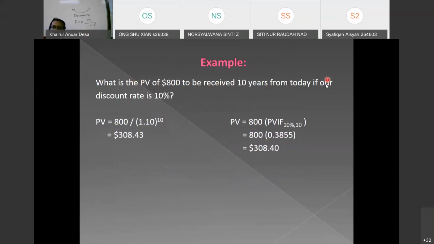Okay, kita tengok satu soalan di sini. What is the present value of 800 to be received 10 years from now, from today, if our discount rate is 10%?